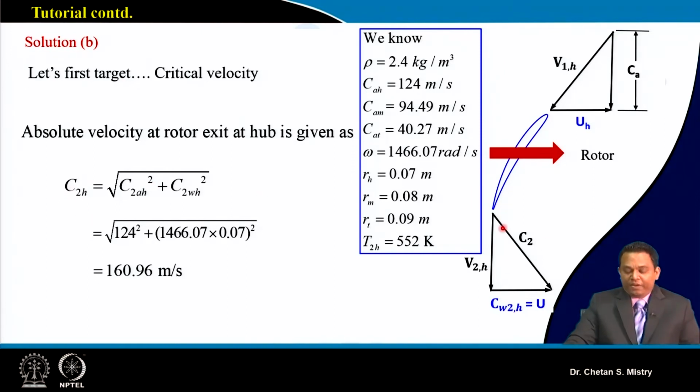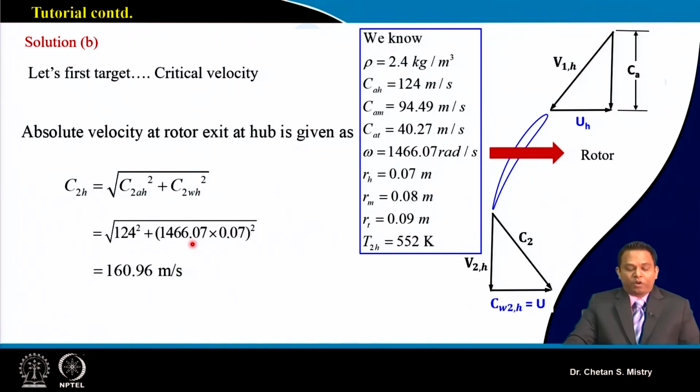If we are considering this as my triangle, we can write down my absolute velocity, which is made of my axial velocity and my whirl velocity component. Be careful, this whirl component we are calculating is at the hub, so I am writing specifically here hub. At the hub we know our axial velocity, that is 124 meter per second.